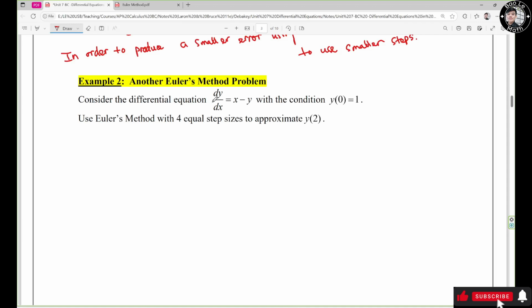Consider the differential equation dy over dx equals x minus y with the condition y of 0 equals 1. Use the Euler method with 4 equal step sizes to approximate y of 2. So we're going to set up the table as we did in example number 1.